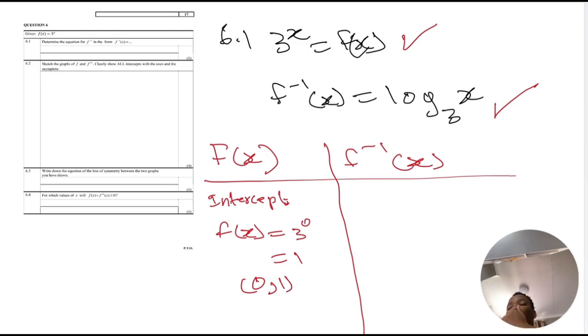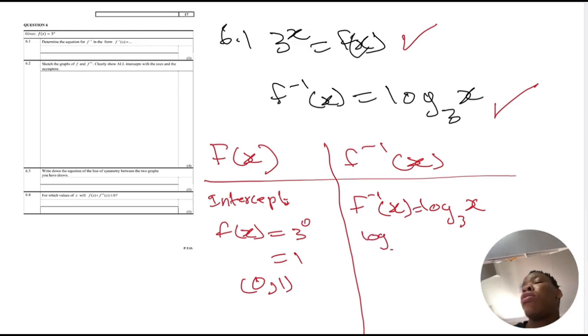Then this side, let's find the intercept. You will have log base 3 of x is equal to 0. Therefore, you will get your coordinates as 1, 0.